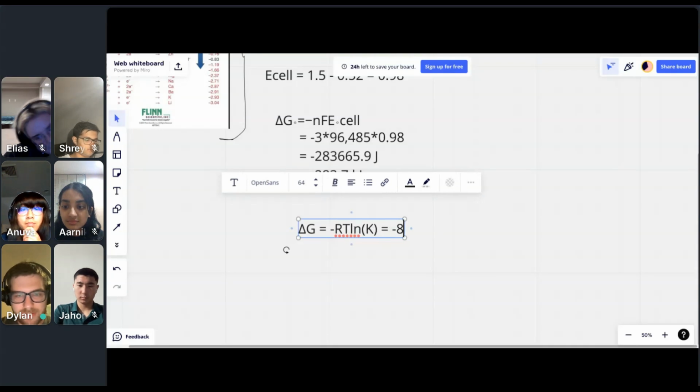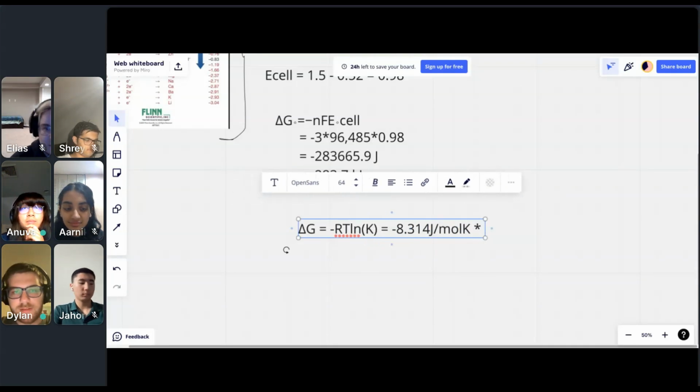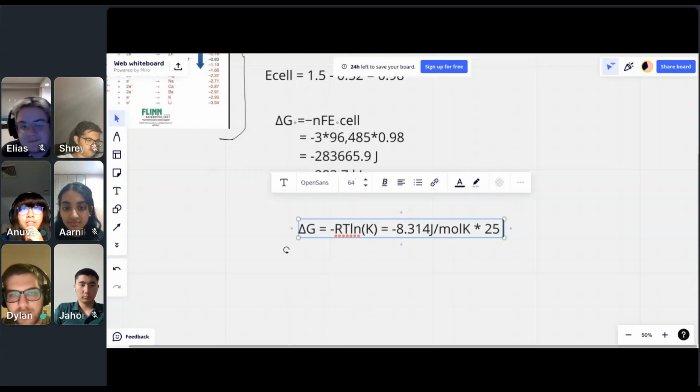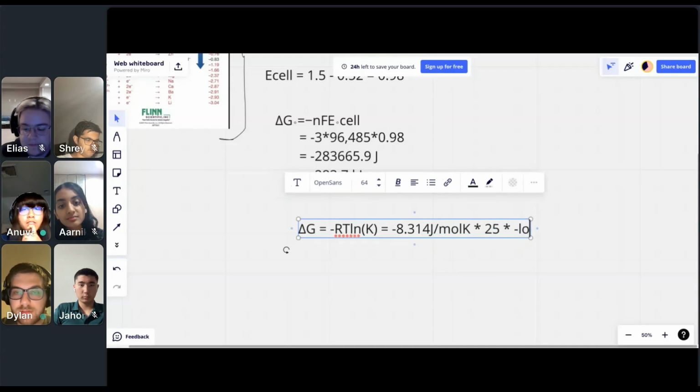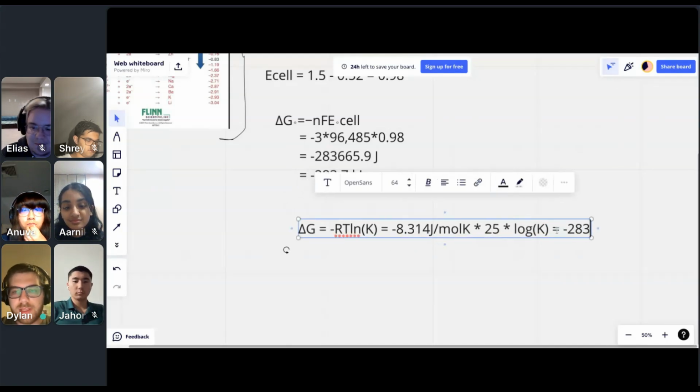Can you check that for me? I used to have that one memorized. Okay, fair. We're at standard temperature, times log of K, and that is going to equal, what was it, negative 283.7.